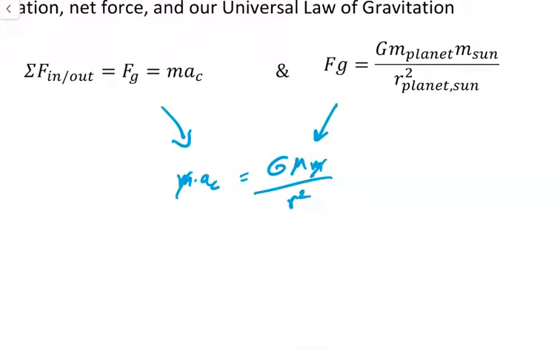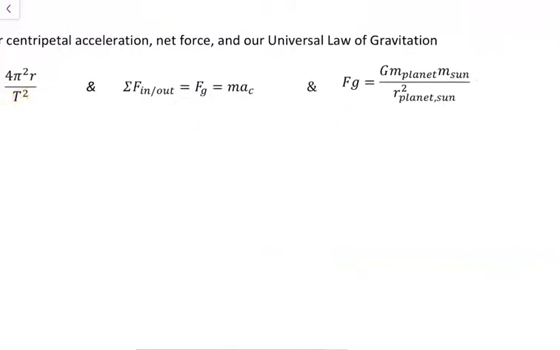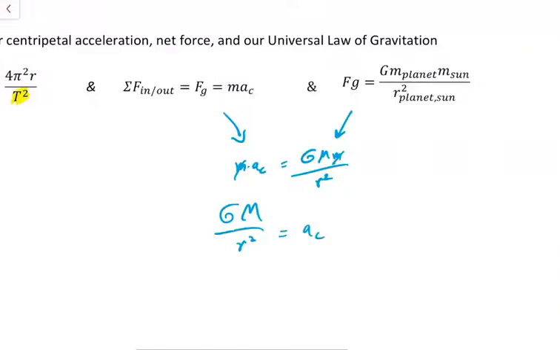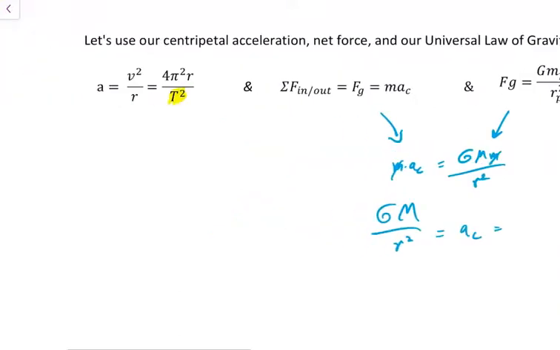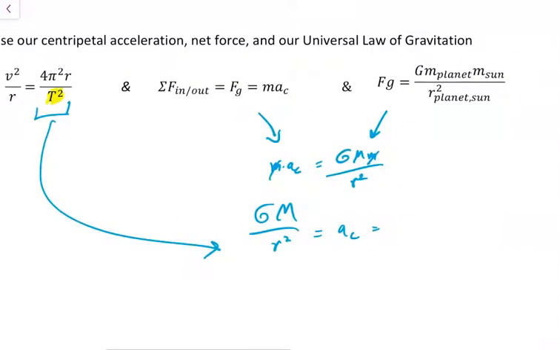And we get centripetal acceleration. So I get G M over r squared is equal to my centripetal acceleration. Well, we found that this is our centripetal acceleration, so I'm going to bring it over here and say the centripetal acceleration is equal to 4 pi squared r over T squared.